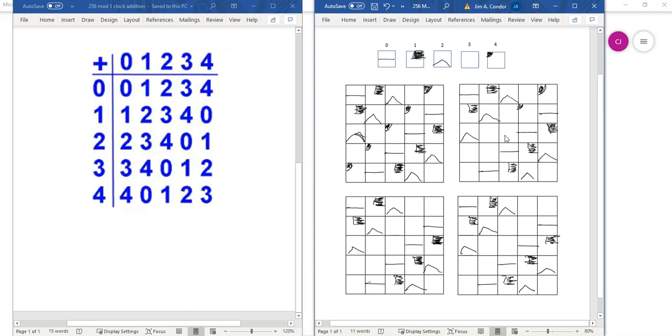Make them a little smaller. And we're almost done with this, right?